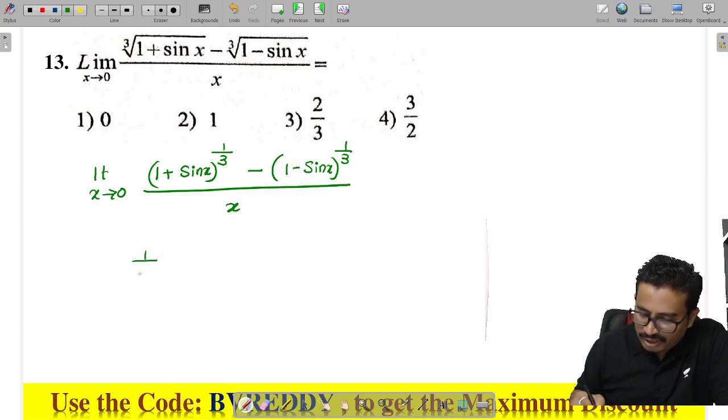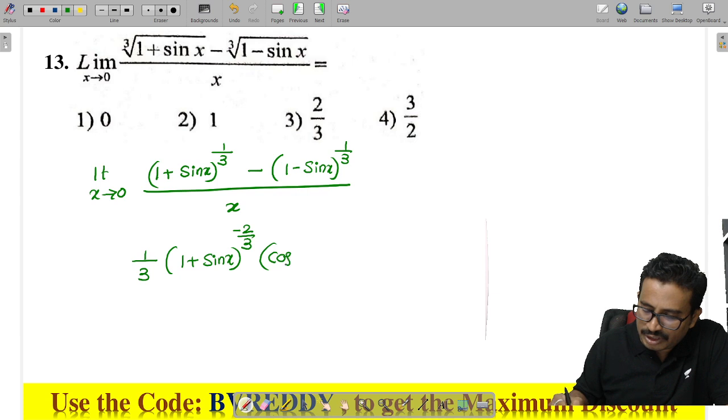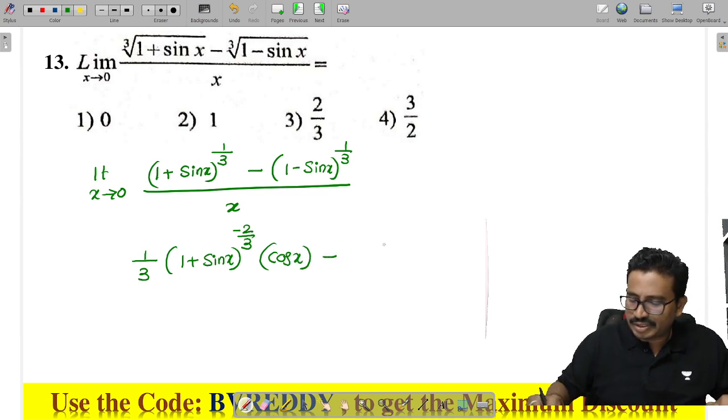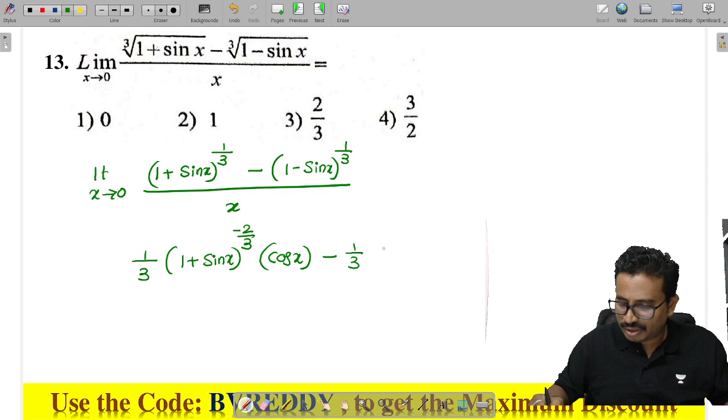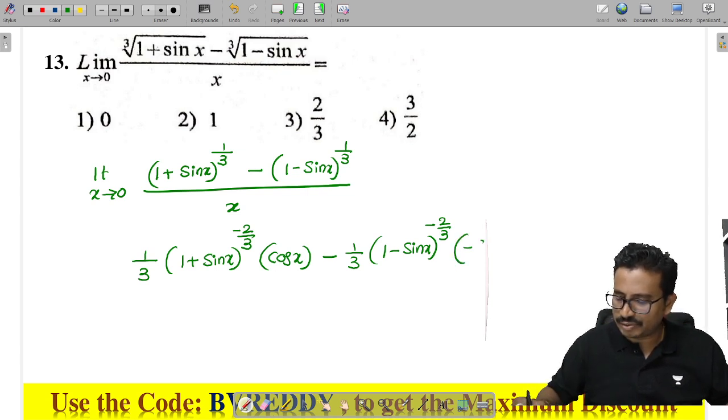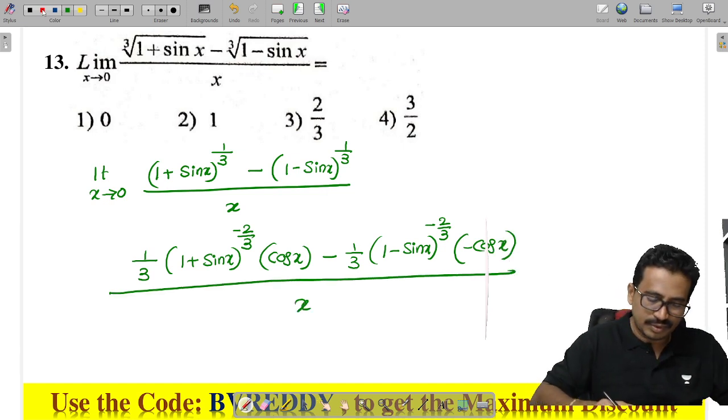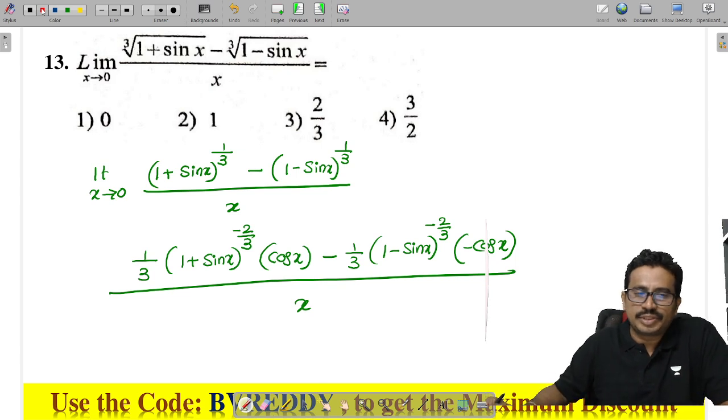Now tell me what I will get. L'Hospital rule: 1 by 3 into (1 plus sin x) whole power minus 2 by 3 into the derivative of sin x, which is cos x, minus 1 by 3 into (1 minus sin x) whole power minus 2 by 3, and the derivative of minus sin x is minus cos x, by the derivative of the denominator, which is 1. Now substitute x is equal to 0.